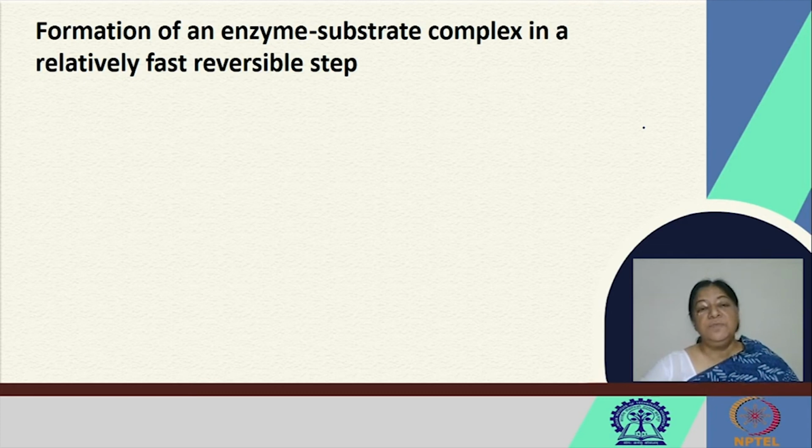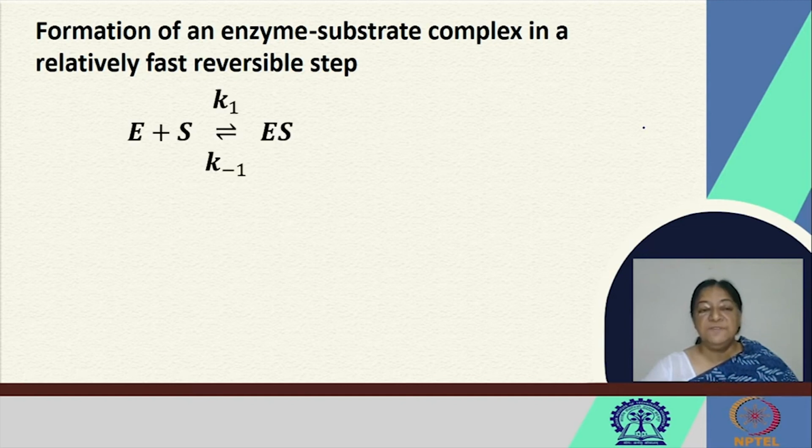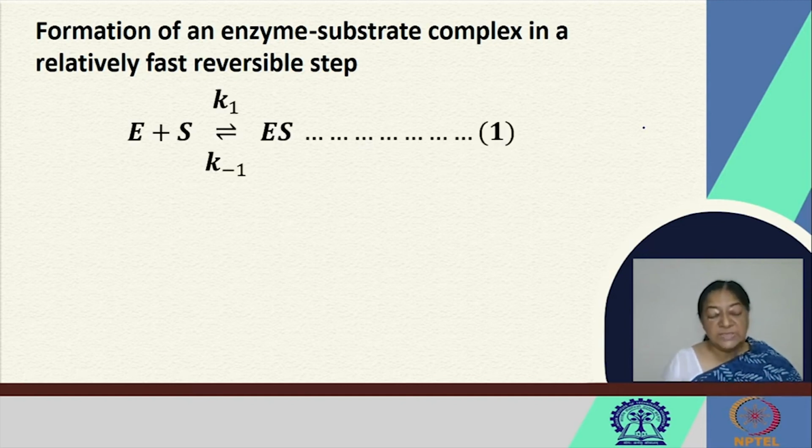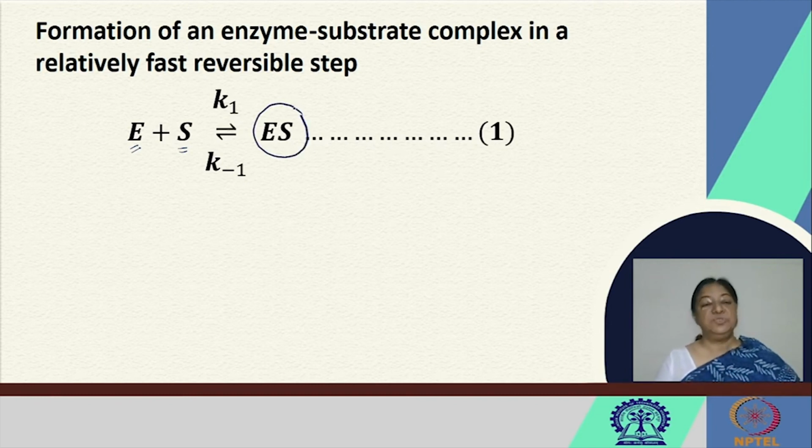The formation of this enzyme substrate complex occurs in a relatively fast reversible step. So this is our first reaction that occurs, where we have our substrate forming a complex with the enzyme, the enzyme substrate complex. The enzyme substrate complex has a forward rate constant of K1 and a reverse rate constant of K minus 1.